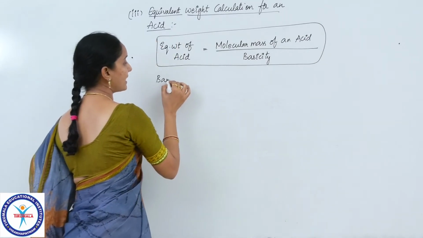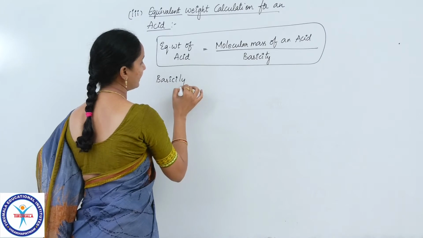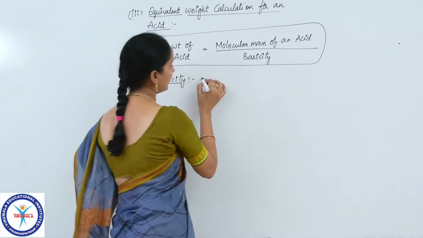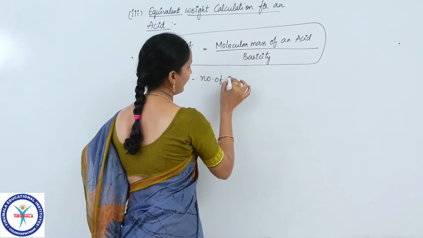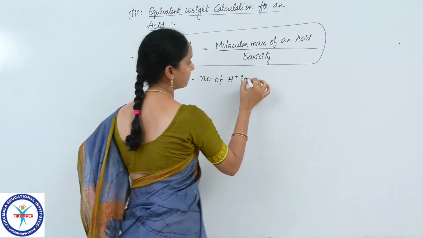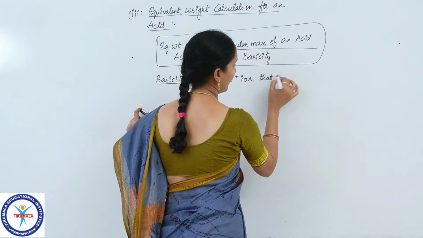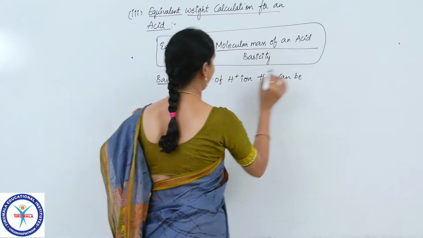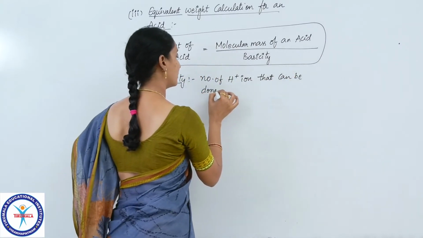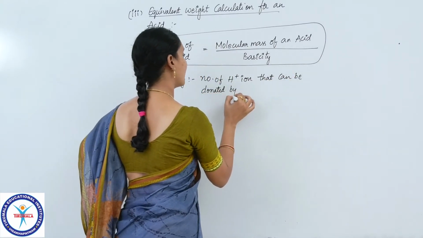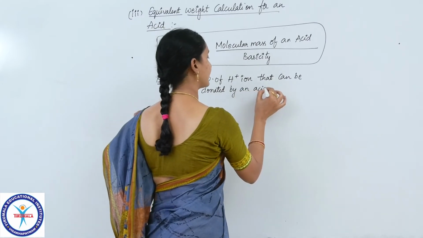What is basicity? We have already discussed it in the acids and bases lesson, children. What is basicity? The number of H plus ions that can be donated by an acid.